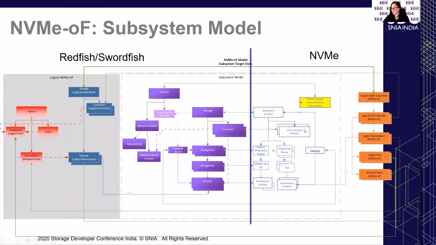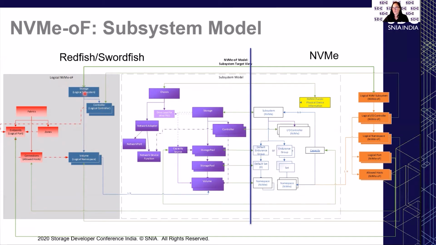The underlying model is where the logical NVMe piece gets its resources. This logical subsystem will get resources from this underlying piece, and these logical namespaces will come from these pieces here, but we don't really care about that in terms of creating the model. What we do care about is keeping these things consistent.